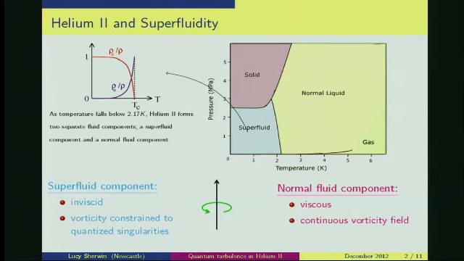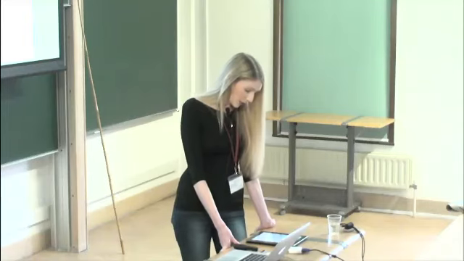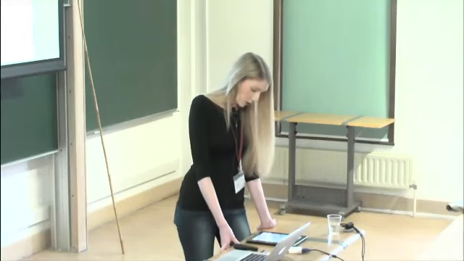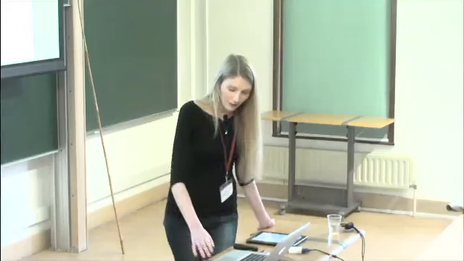We can think of these, like Carlo said, as little tornadoes in the superfluid component around which the fluid circulates. It's the movement and the interaction of these vortices which we study in our models. In contrast, the normal fluid is viscous, and we'd all be much more familiar with it. It's more like water, and it has a continuous vorticity field.